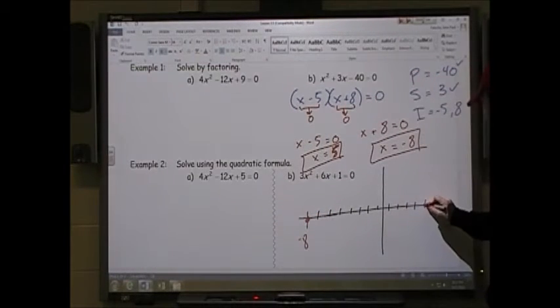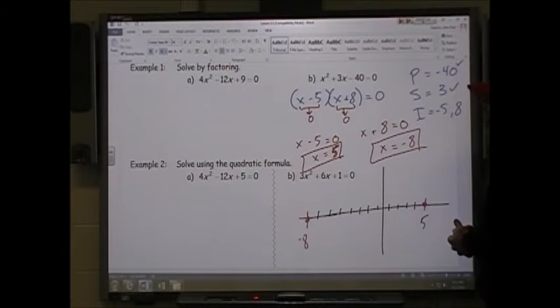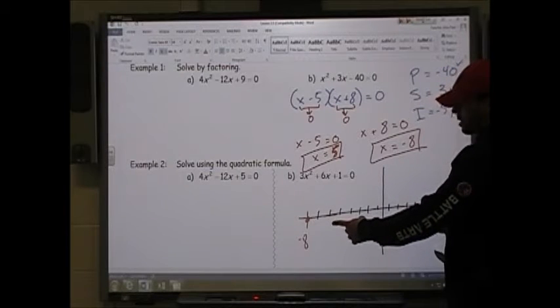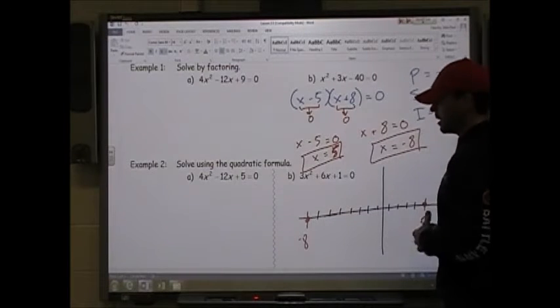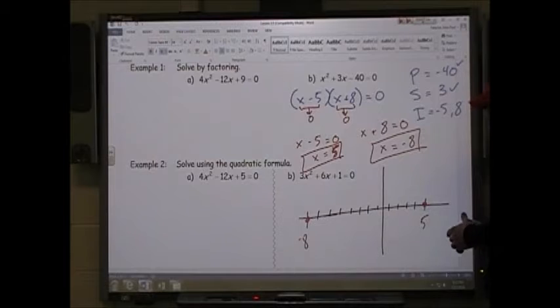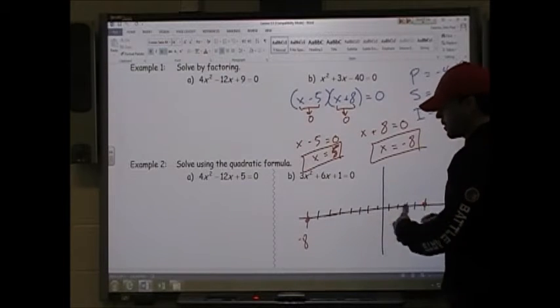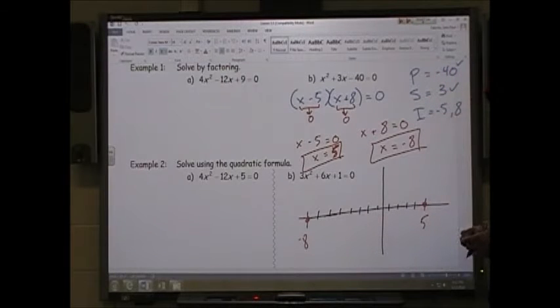Here is my other x-intercept of 5. And of course, I can find the vertex, because I know that the vertex is right in the middle between these two points. Now, this is going a little bit above what we're doing, but how do you find the middle between two numbers? You can either count to the middle or add them together. If you add both together, negative 8 plus 5 is negative 3, and cut it in half.